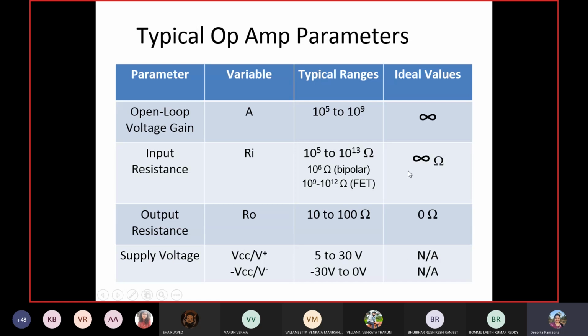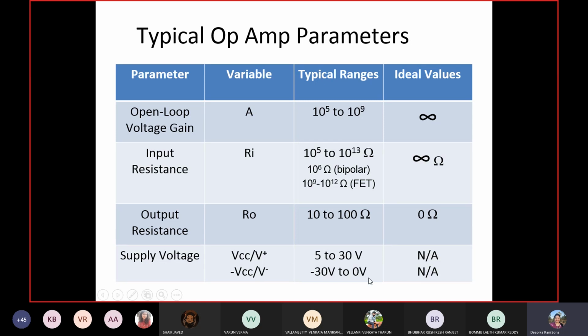Same thing is written in terms of the supply voltage, which is additionally given here. The supply voltage is within the range of 0 to 30 volt, or plus minus 15 volt: plus 15 for plus VCC, minus 15 for minus VCC. The range has been given.